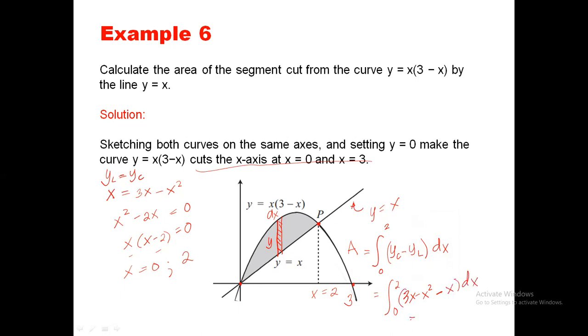If you simplify, it would be the integral from 0 to 2 of negative x squared plus 2x. And you'll be able to right away determine the area of the shaded region. This is a very straightforward manner of determining the area of the gray region here. Do you get it? Any questions?